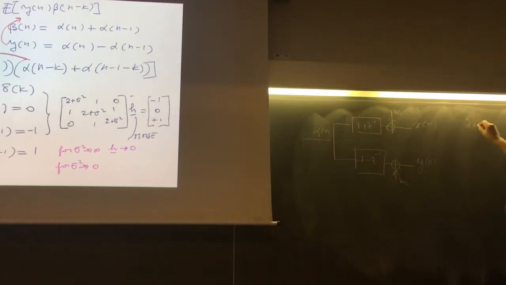So how do I get alpha? Imagine that I estimate alpha by simply combining x and y. So my new estimator is h1, h2 multiplying xn and yn.